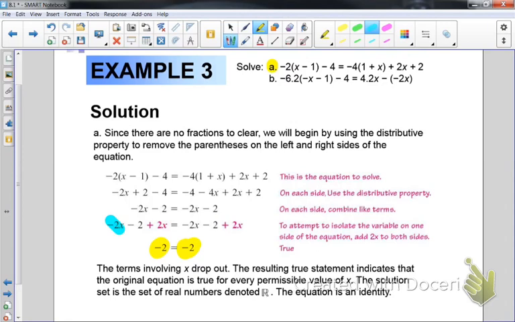Here we have negative 2x and 2x, and they simplify to 0. Please don't use the word cancel. They simplify to 0, and then we're left with just the number negative 2 on the left-hand side and negative 2 on the right-hand side. When that happens, we notice that both sides contain the same number. That is an identity.